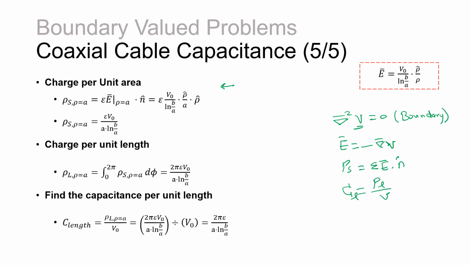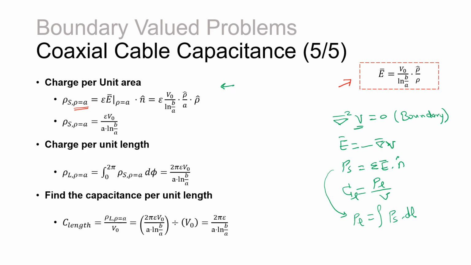We don't have rho L, we have rho S, so we can calculate rho L by integration of rho S dl. We have the electric field from the previous slide like this. So let's just multiply by n and calculate the rho S. Of course, we need to check where we are calculating rho S. We are calculating for the inner conductor where rho is equal to a.